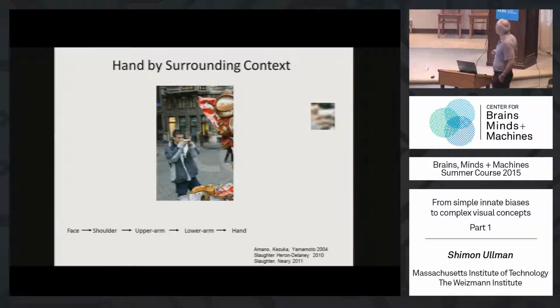You can think about it as we saw in this image before. Here the hand itself is not very clear, but you can get to the hand if you know where the face is, for example: you can go to the shoulder and to the upper arm and lower arm and end up at the hand. So people have used this in computer vision as well, finding hands.